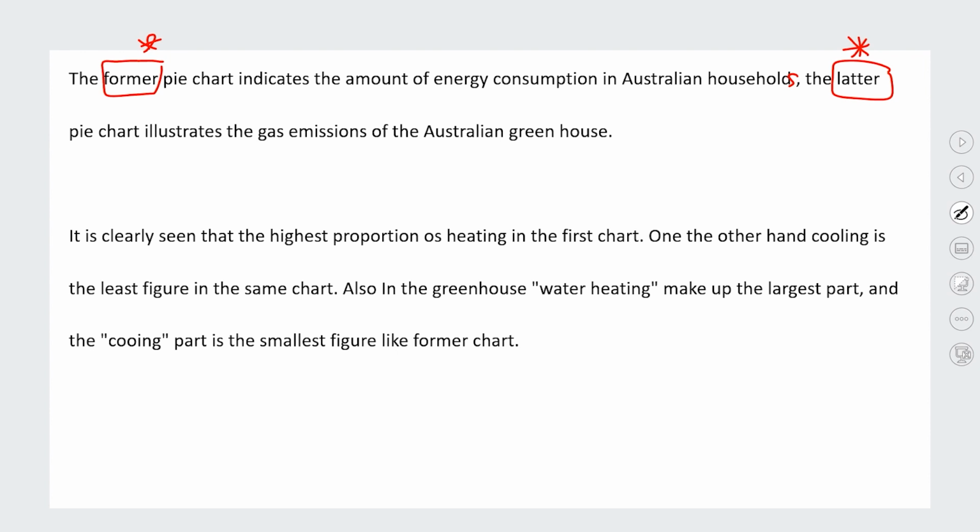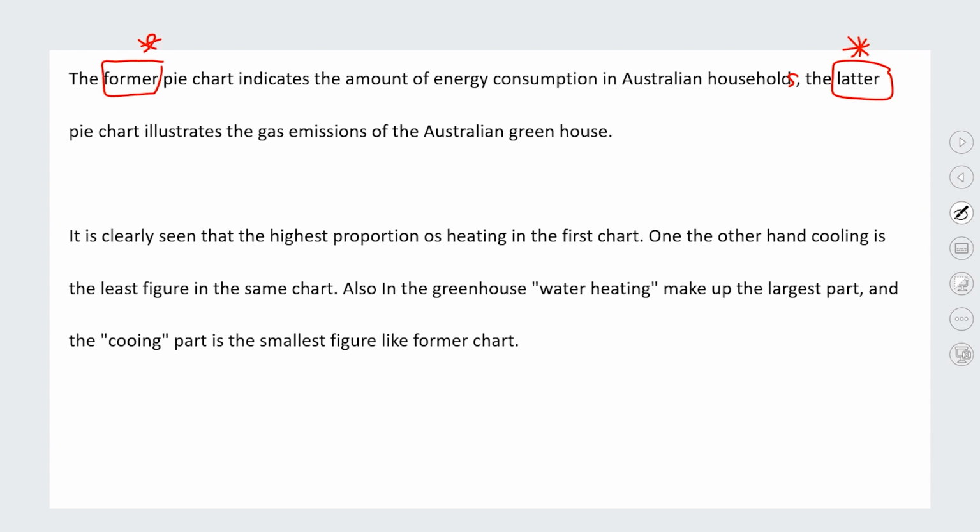For example, if I said, I have read both Harry Potter and Lord of the Rings, the former in high school and the latter at university, then you know from reading that I read Harry Potter in high school and I read Lord of the Rings at university. Okay? But I need to have that first sentence where I set up the 2 subjects.